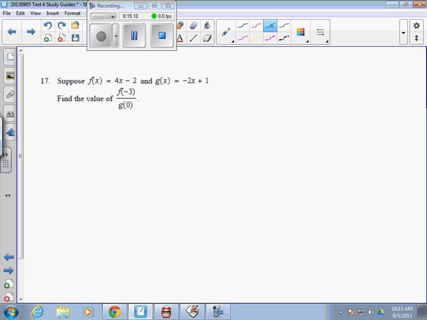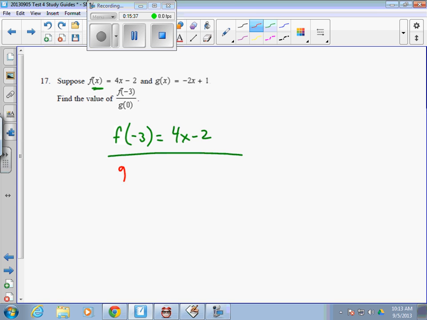17 says, suppose f of x equals 4x minus 2, and g of x equals negative 2x plus 1. Find f of negative 3 over, or divided by, g of 0. So what you're doing is you're running both of your equations. So f of negative 3 equals, and then you do your f of x equation, 4x minus 2, over, it says g of 0.